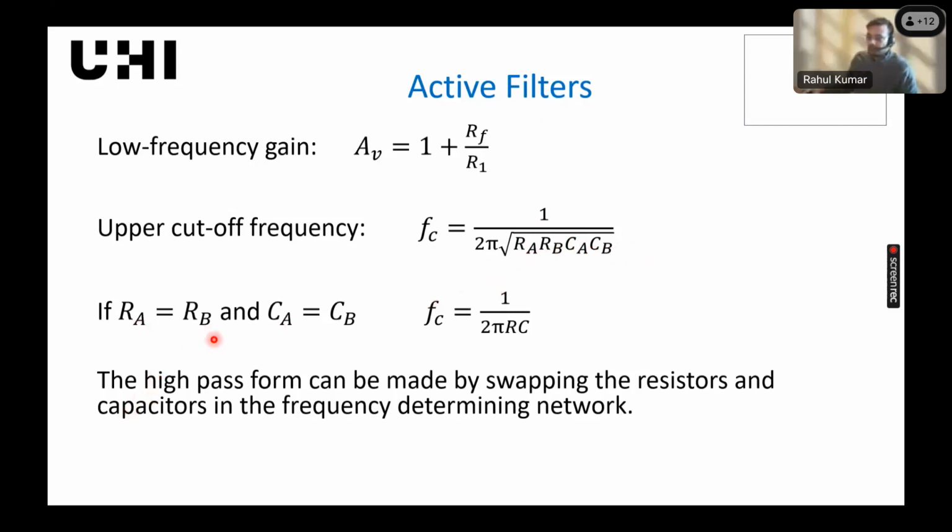Now, if the two resistances are the same and the capacitances are the same, then you end up getting the same formula as for a single pole, 1 over 2 pi RC.